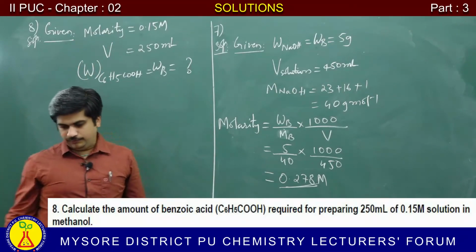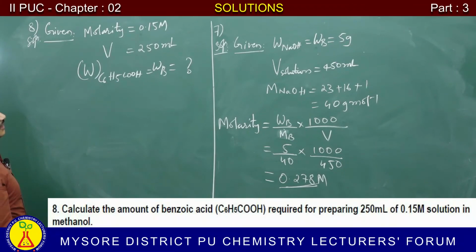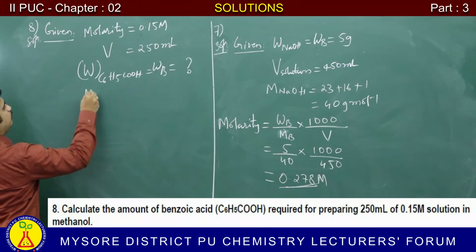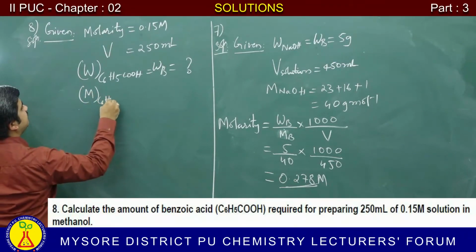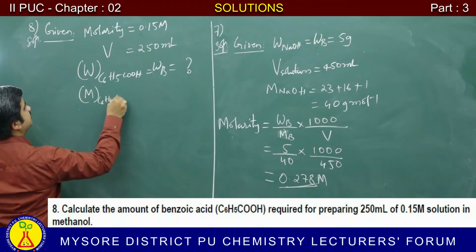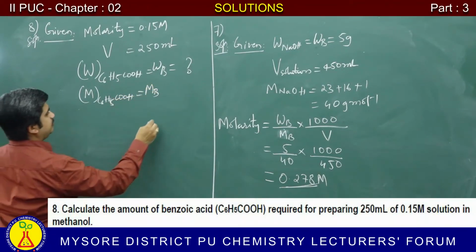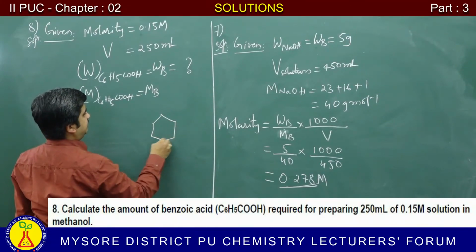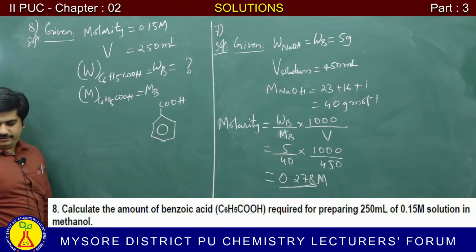Now we can directly substitute all these values in the molarity equation, but we have to know the molar mass of benzoic acid, C6H5COOH. This is, by the way, benzoic acid. It contains a benzene ring and a carboxylic acid.